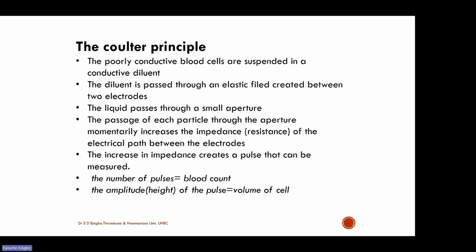The passage of each particle through the aperture momentarily increases the impedance, that is the resistance of the electrical path between the electrodes. The increase in impedance creates a pulse that can be measured. The number of pulses equals the blood count. You see how they arrive at their cell count. The amplitude, that is the height of the pulse, equals the volume of the cell. So using these two parameters, they are able to characterize the cells.